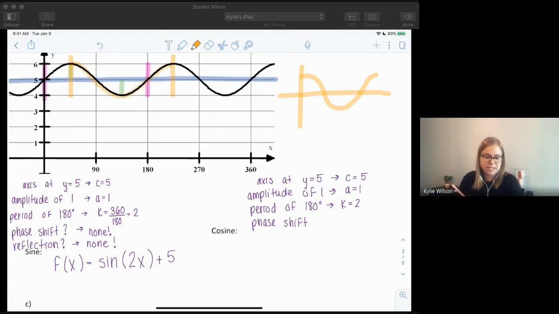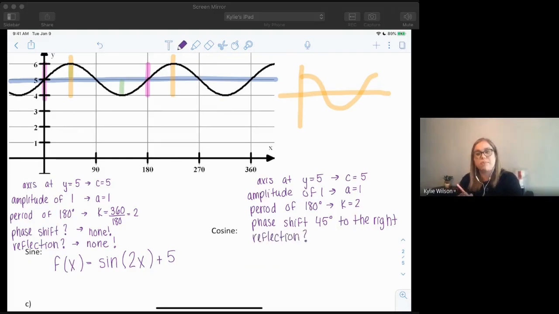So that means my curve used to start here, and now it starts here. So it's been moved 45 degrees to the right. There we go.